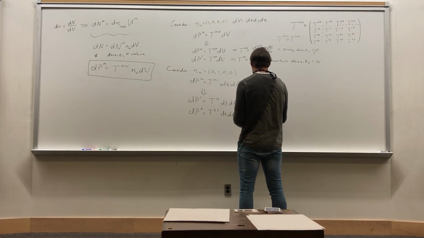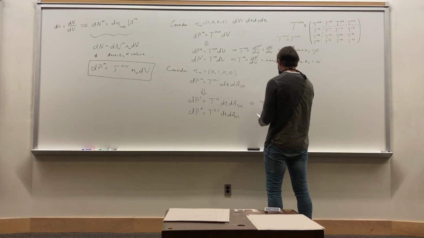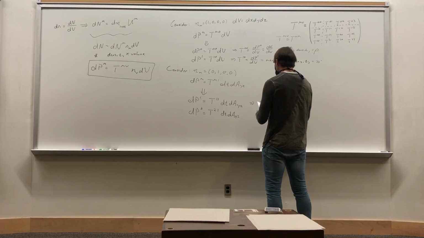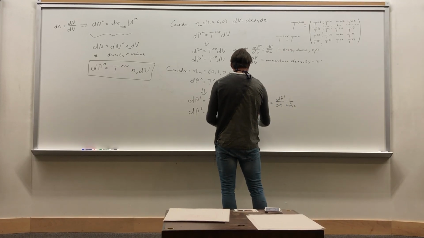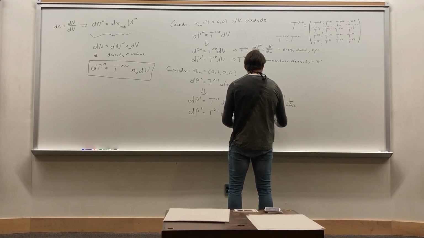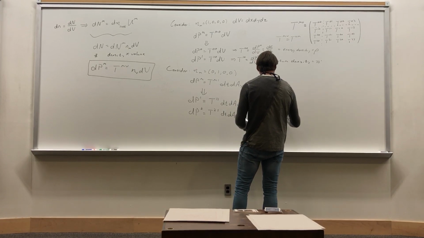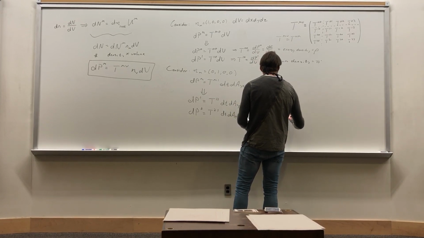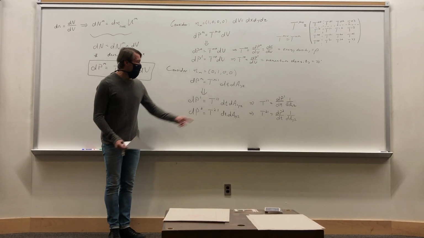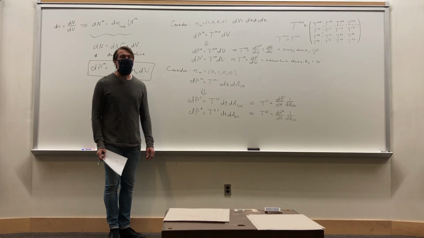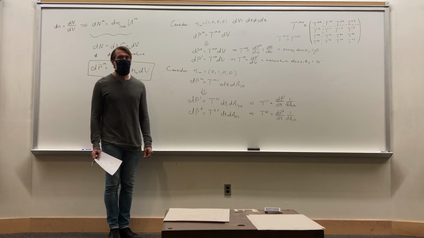T11 is going to be dP1 over dt over dAyz. T21 is going to be dP2 over dt 1 over dAyz. That is just algebraically reordering these to isolate T11 and T21. Okay? Are you ready?